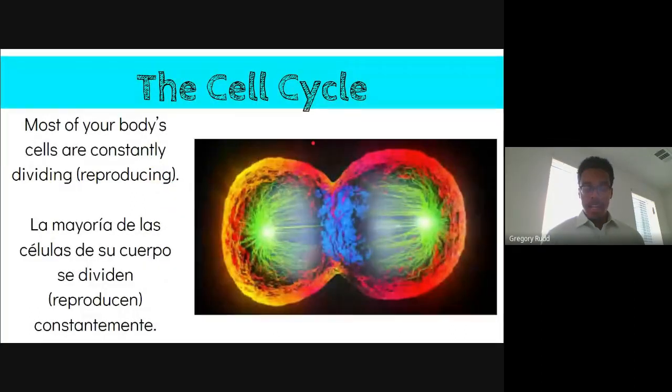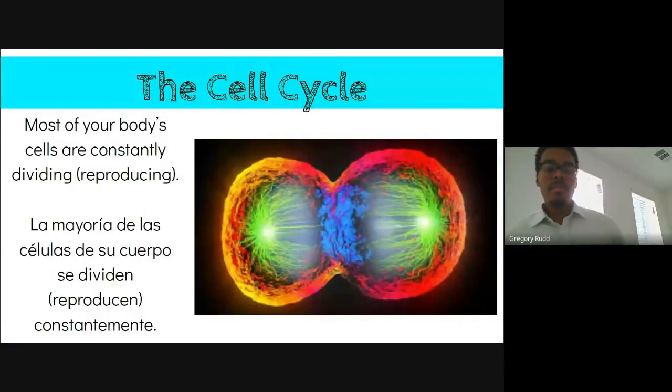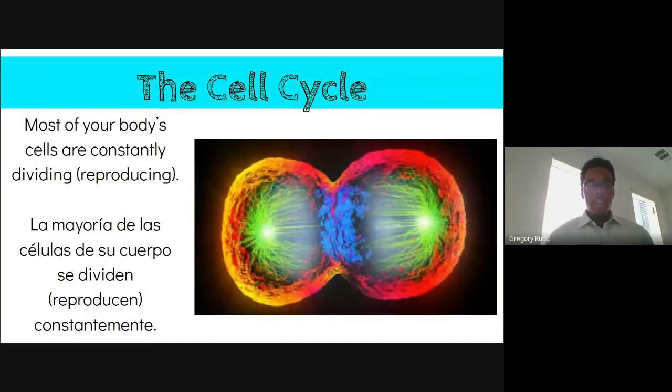Okay, you don't need to write anything on this slide down or draw anything. This is just here so I can talk. So we're going to talk about the cell cycle, and the cell cycle is essentially the cycle through which cells reproduce. And keep in mind, when we say reproduce in reference to a cell, we're talking about the cell dividing.